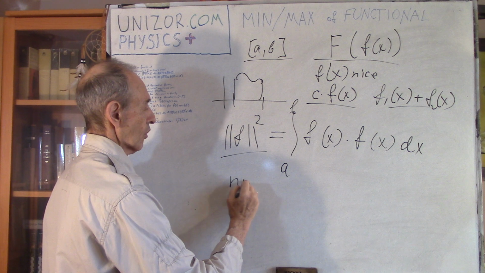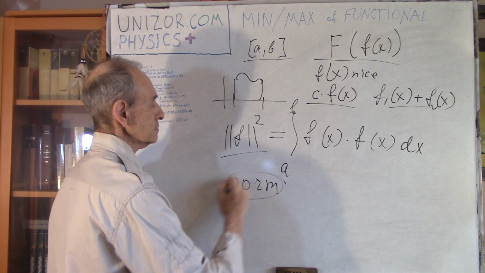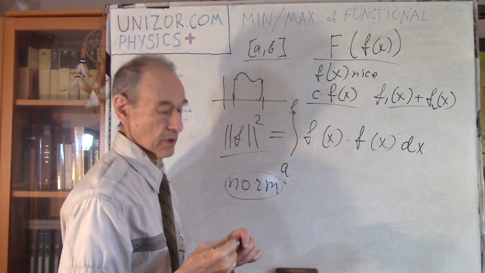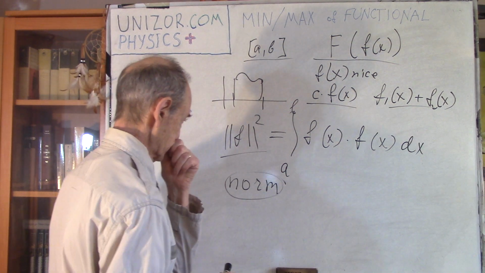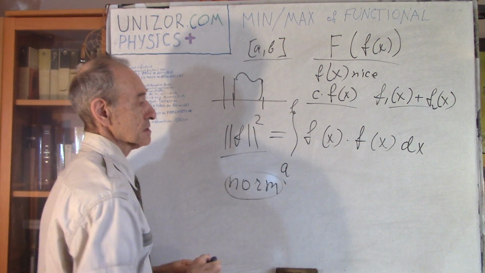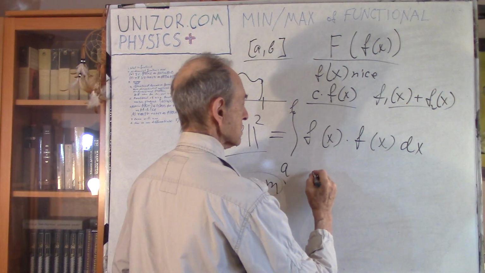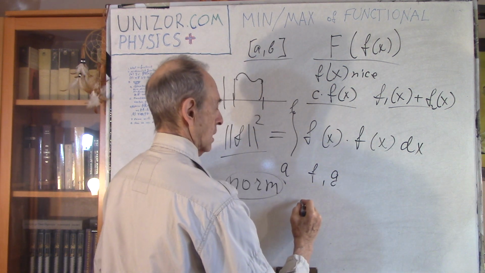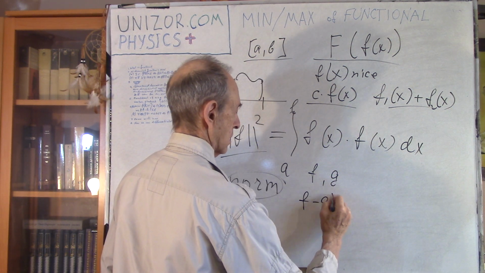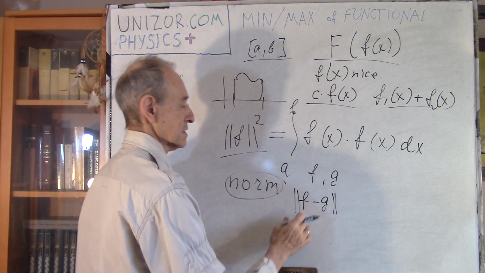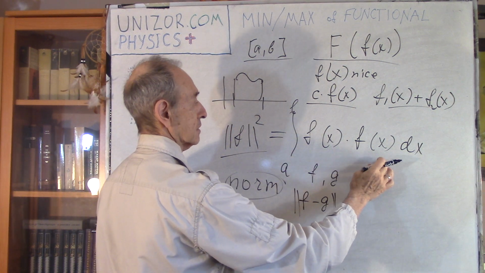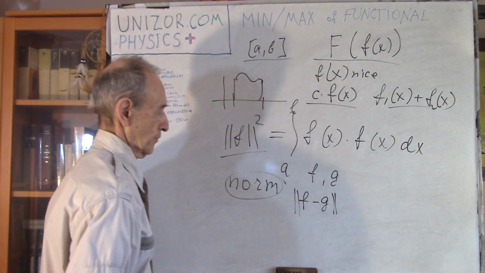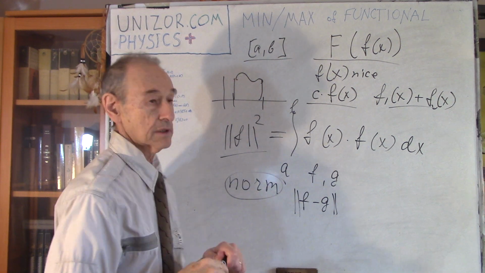It's actually called the norm instead of magnitude. Norm for a function is the equivalent term for the magnitude of a vector. And if we have this, we can always have a distance between f and g defined as the norm of f minus g, which means f minus g times f minus g, integral from a to b, and square root. So we have defined the distance.